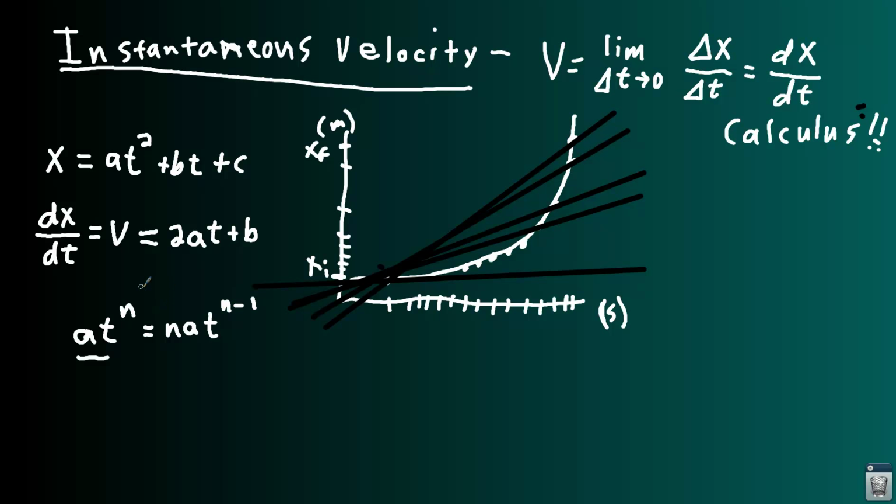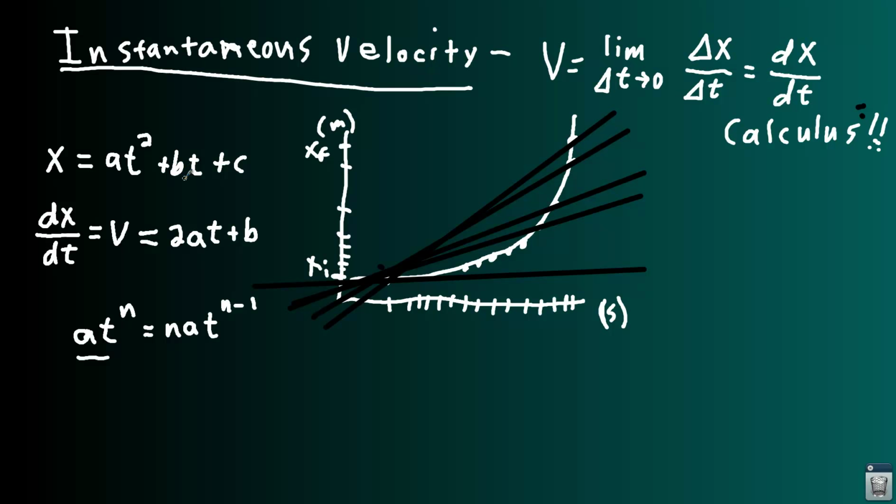So let's see how that worked. Here we had at squared, n is 2 here, so we bring the n to the front, in this case it's 2, so there's the 2 here, a t to the n minus 1, or 2 minus 1, and 2 minus 1 is 1, we don't have to write the 1 here. So that term is taken care of.